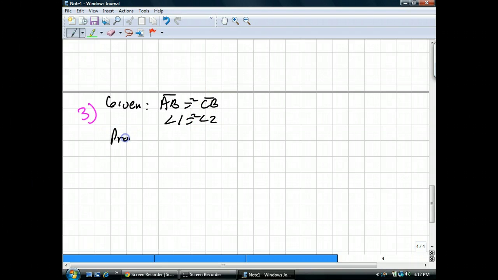We want to prove that segment BD bisects segment AC. Okay, and here's our picture.